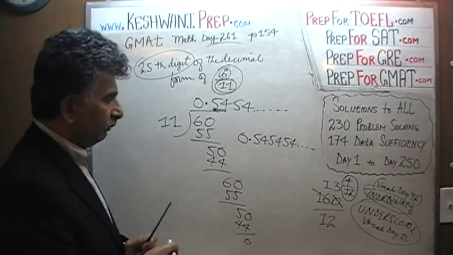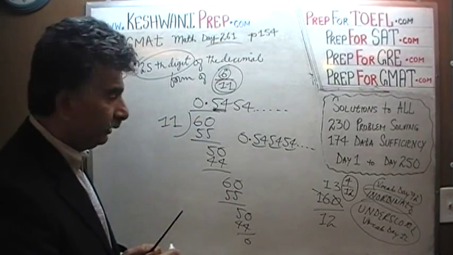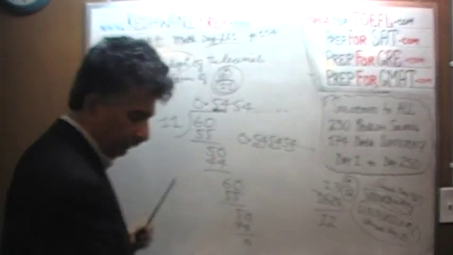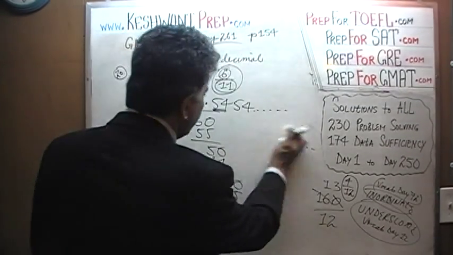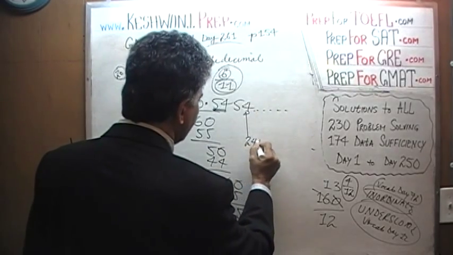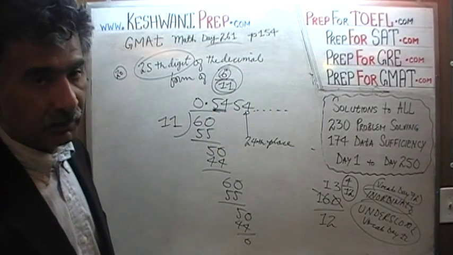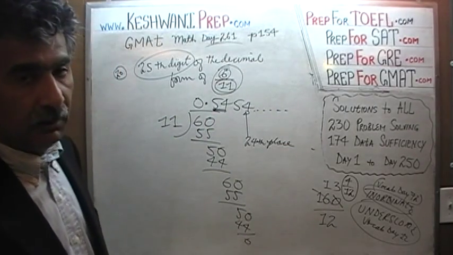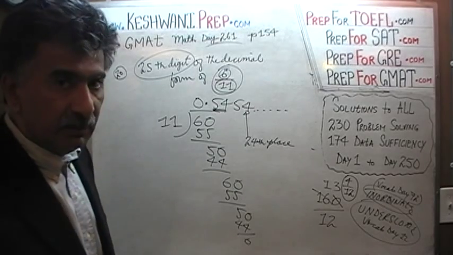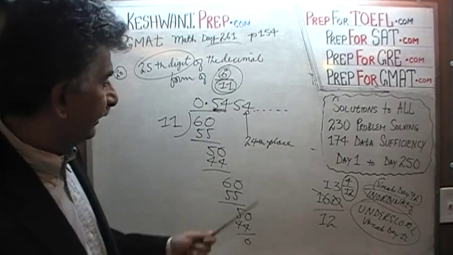Because the pattern is repeating by the pair, that tells us that the 24th place, because it's a pair, and each even place is going to be 4. The 2nd, the 4th, the 6th, the 8th, and the 24th.